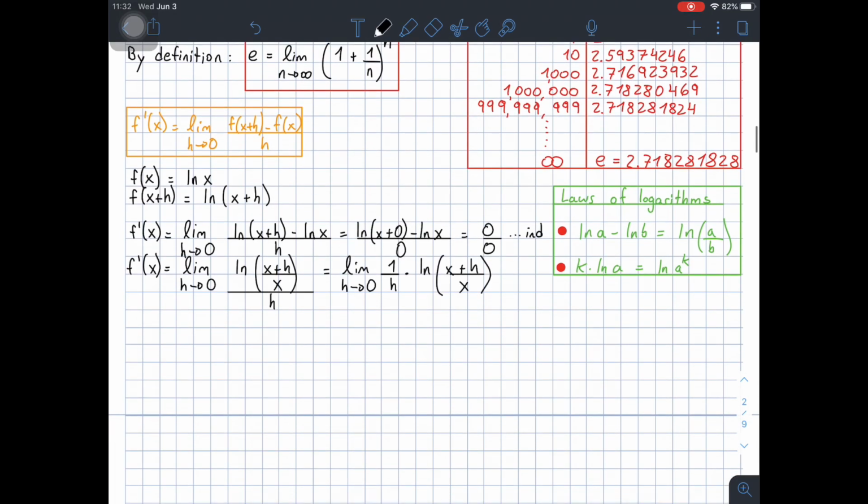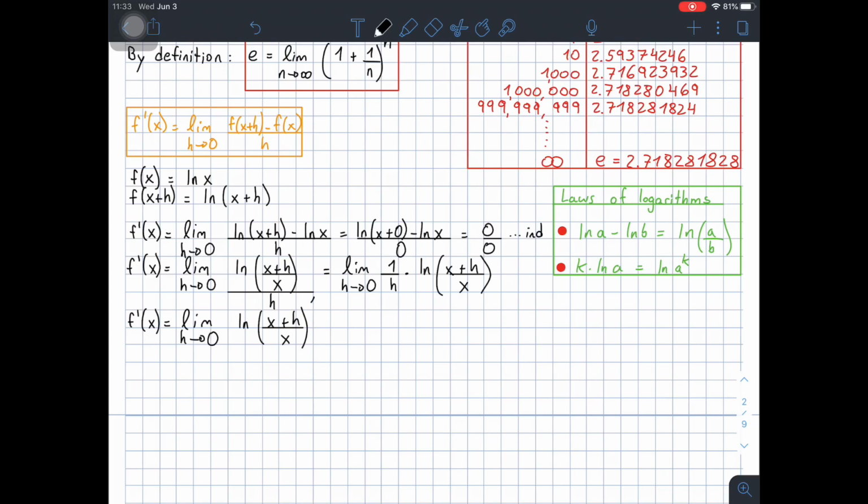So why do I do that? Because I want to take this now to the exponent, applying this property over here. So if I rewrite this expression, this is the same as saying f prime of x equals the limit when h approaches 0 of the natural logarithm of (x plus h over x) to the power of 1 divided by h.